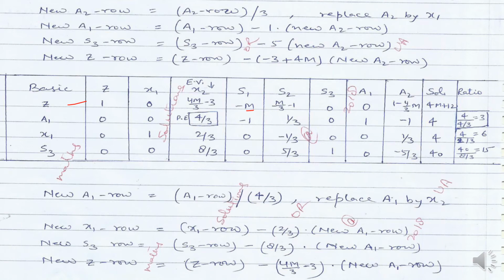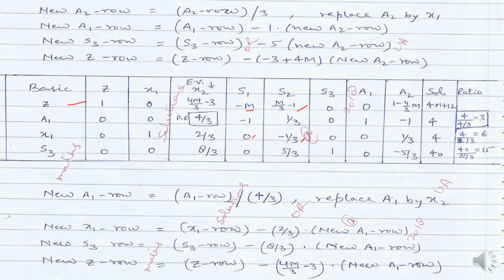So what we do here: minus m is the z row element minus 3 plus 4m, and the new a2 row element corresponding to this is 0. So this becomes our minus m. And in s2 the earlier element was minus m, so minus m minus 3 plus 4m into minus 1 by 3. When we do this calculation we get m by 3 minus 1. So for each element we will be doing these calculations and we get all the elements.